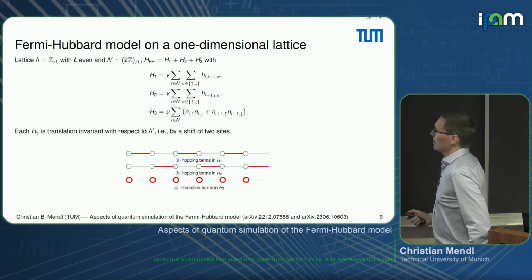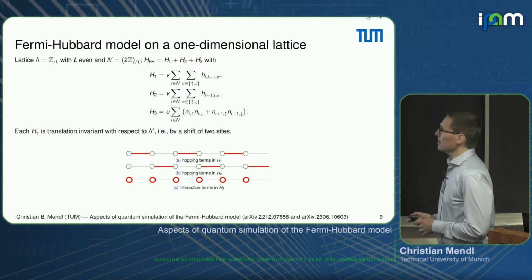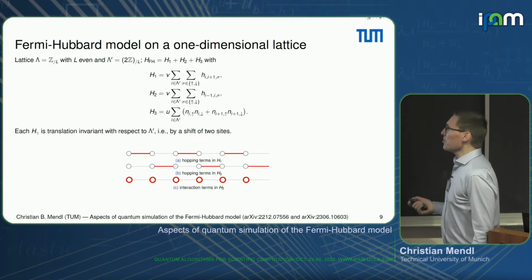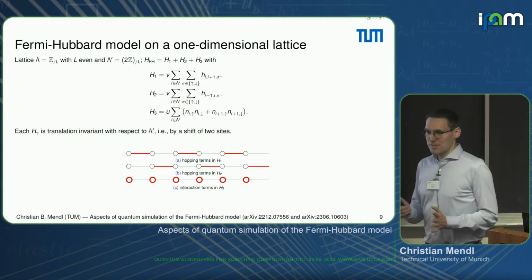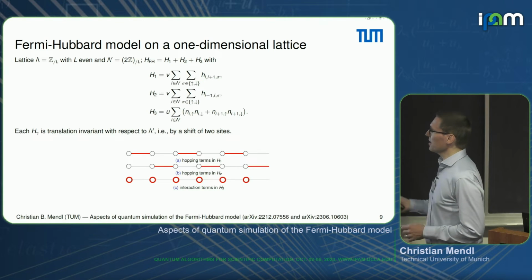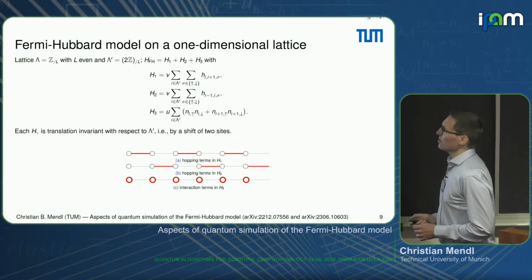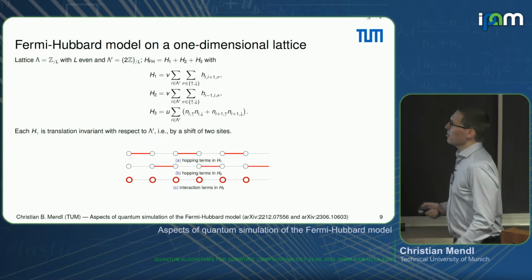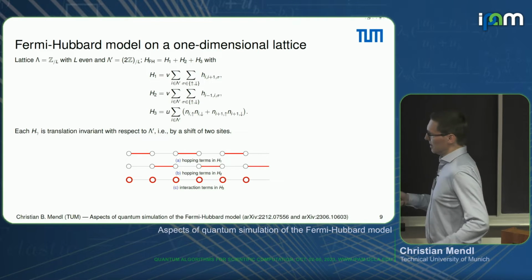Okay, I will start with the one-dimensional lattice, but we will also do 2D lattices. So I guess the most straightforward splitting: the first step is you split the Hamiltonian, and we just have to partition the kinetic terms into even-odd and odd-even hopping terms, and then we still have the Coulomb or interaction term.